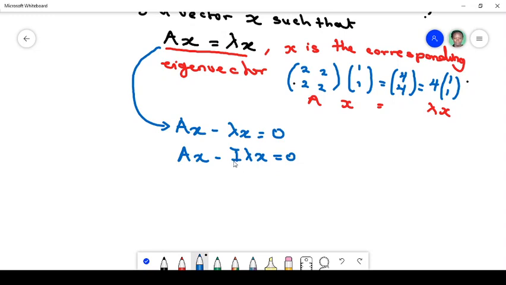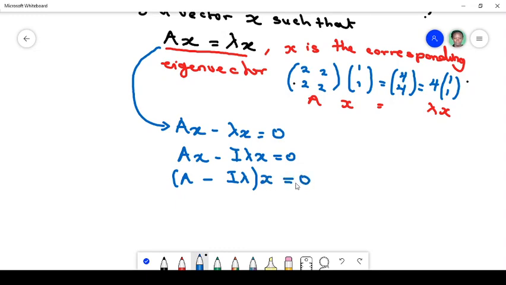If you multiply the identity matrix by another matrix, you still get the same thing. Lambda is always a scalar value, so multiplying the identity by lambda, we get our lambda back. So I can equally express this as A minus I lambda, factorizing x out, times x equal to 0.